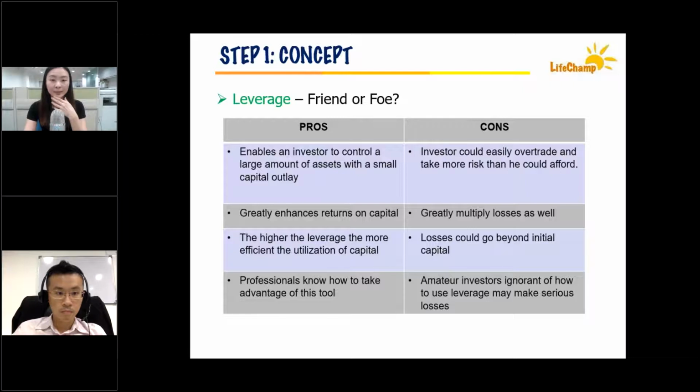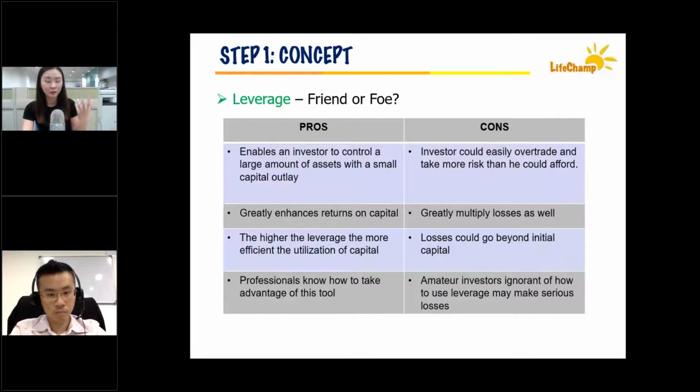Leverage: friend or foe? Leverage enables an investor to control a large amount of assets with a small capital outlay, yes. The con is that the investor will easily overtrade, because you're using a lesser amount to hold the contract.